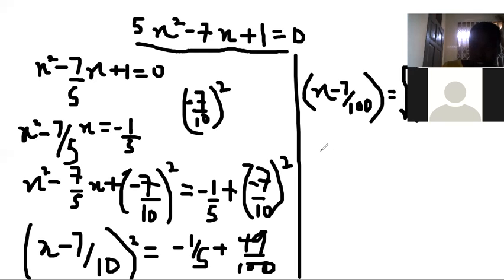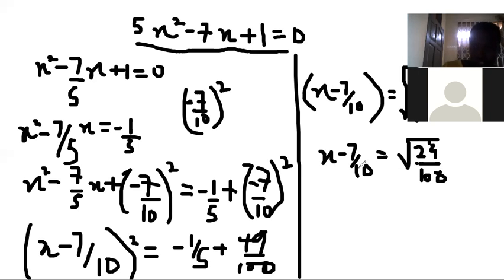So we are going to get x minus 7 all over 10 is equal to root 29 all over 10, sorry.